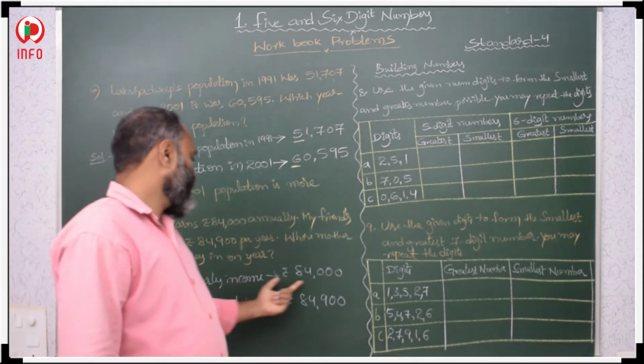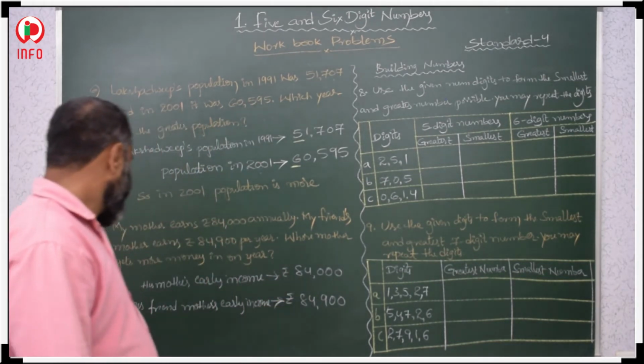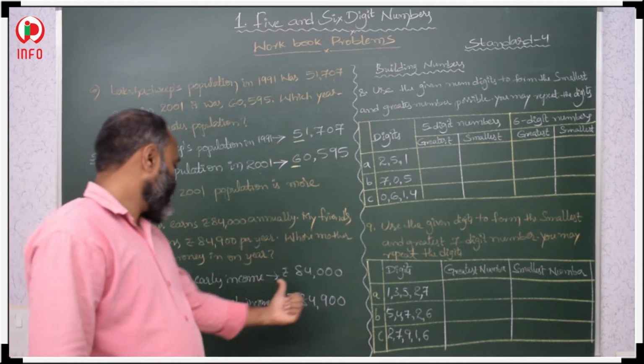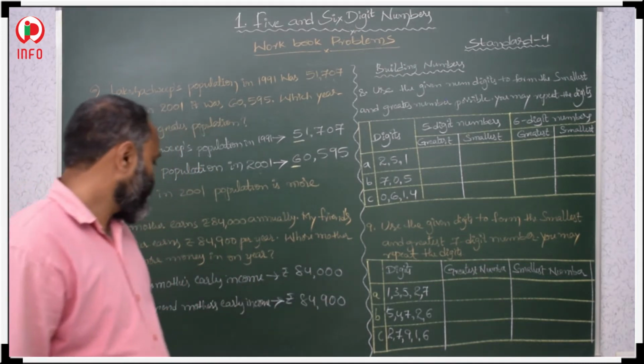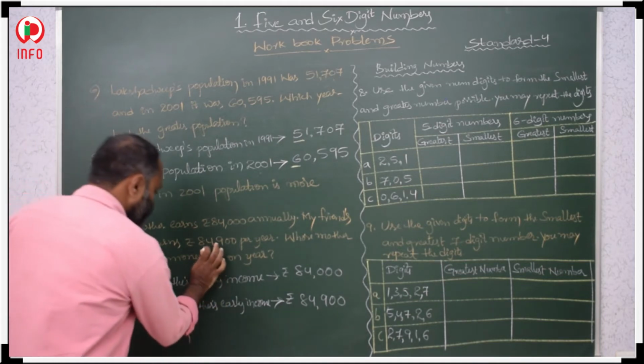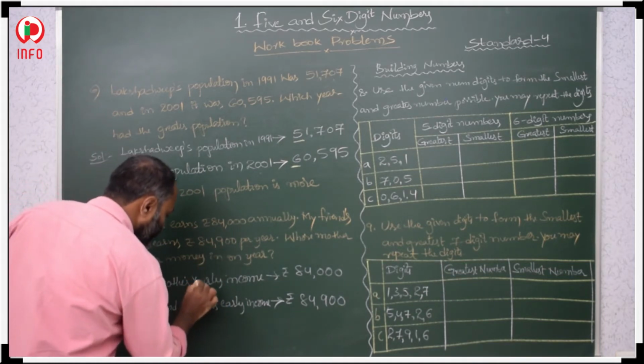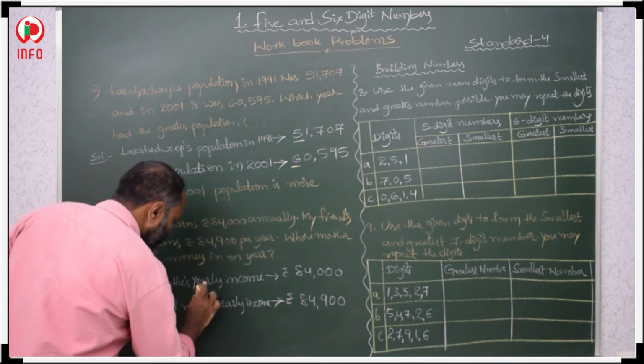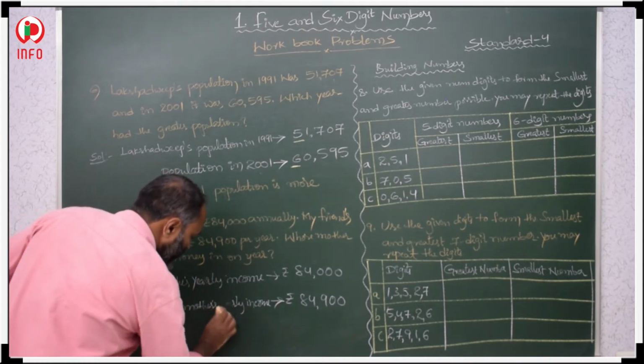So his mother's income is 84,000, and his friend's mother's yearly income is 84,900.